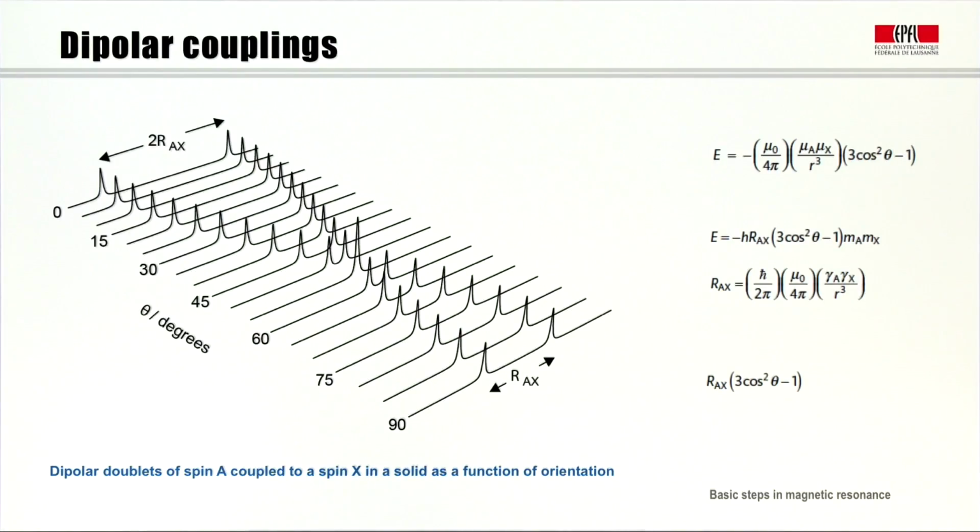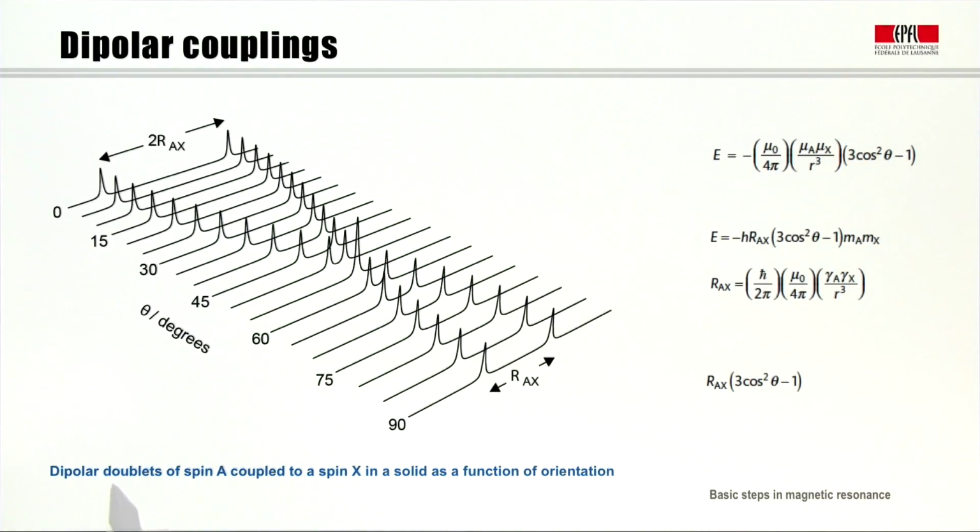Relaxation, as we shall see, is a process through which the magnetization returns to its thermal equilibrium, and as such it's very important both to be able to record NMR spectra, but also to determine certain molecular properties such as internal motion or diffusion coefficients, rotational and translational diffusion. So dipolar couplings are a different type of thing.